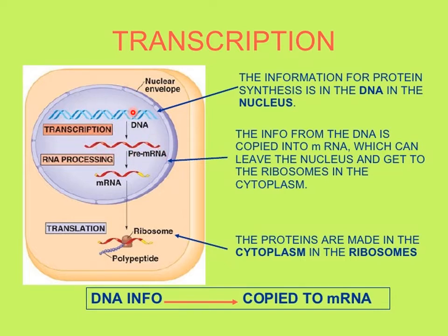This process takes place inside the nucleus, whereas protein synthesis, that is known as translation, takes place outside the nucleus, that is in the cytoplasm, in ribosomes which are present on the rough endoplasmic reticulum. This conversion of messenger RNA into protein, this information is in the form of triplet code, that is genetic code.